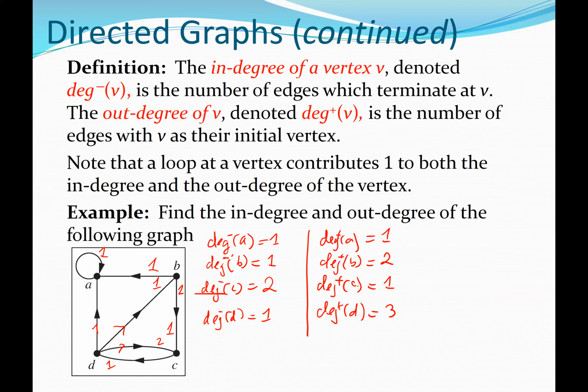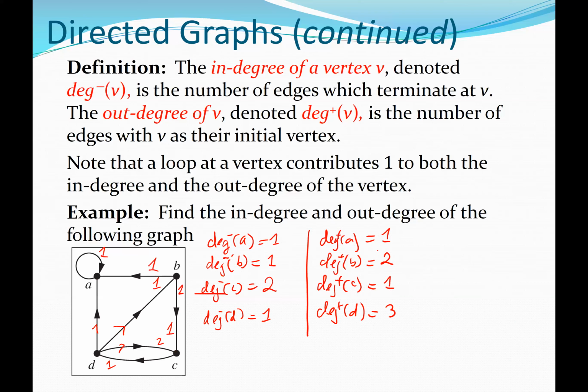Right, so that's the idea that we have for that. Okay, sounds good. So check one more time. The in degree of A is one, the in degree of B, there's one there, and the in degree of C, there's one going to C, that's two. The in degree of D, there's only one going to D, so it's one.